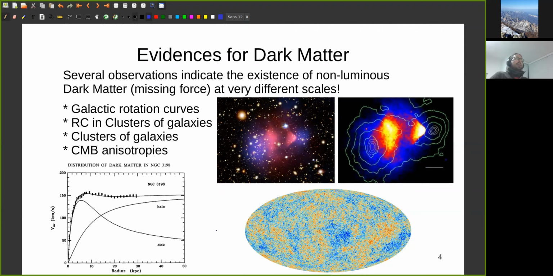I think you guys are very familiar with dark matter and with the evidence for dark matter. As you know, there are a number of observations that indicate the existence of this non-luminous dark matter. Actually, it's like a missing gravitational force. And the key point is that it appears at very different scales. For instance, at the scale of galaxies, at the scale of kiloparsecs, we can see this flat behavior of the rotation curve.